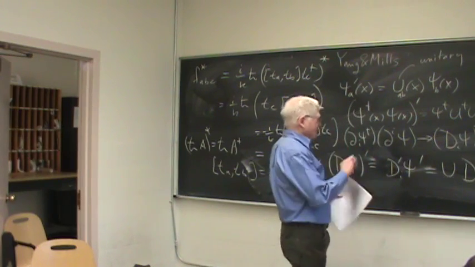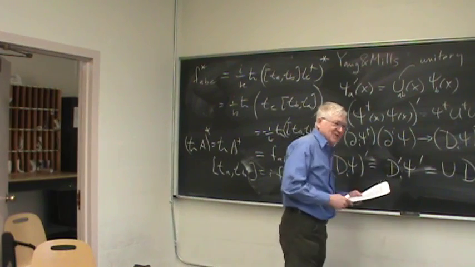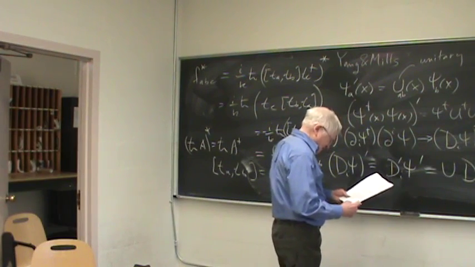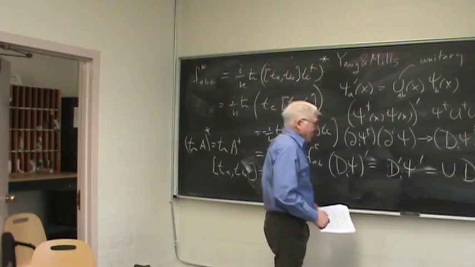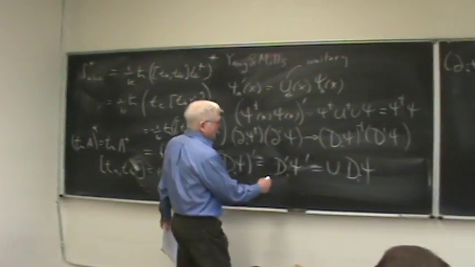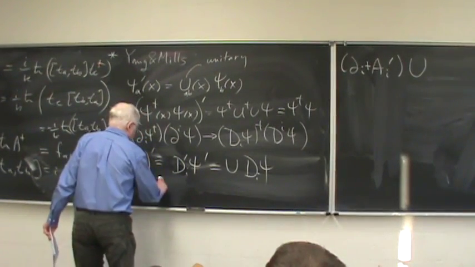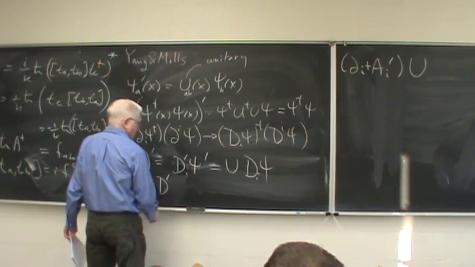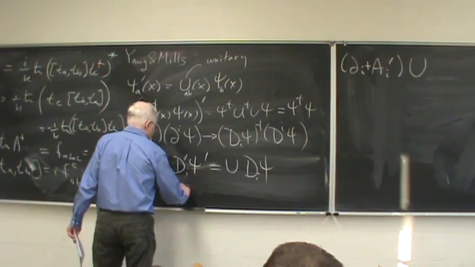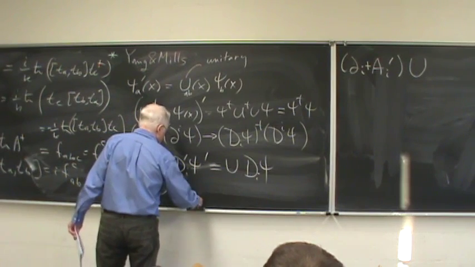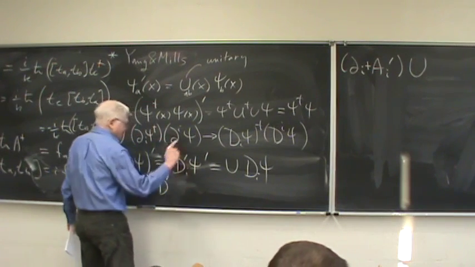Otherwise, I'm completely ignored. Okay, so the essential idea here is that you want D prime, A_i prime on U. So I skipped a step I shouldn't have.